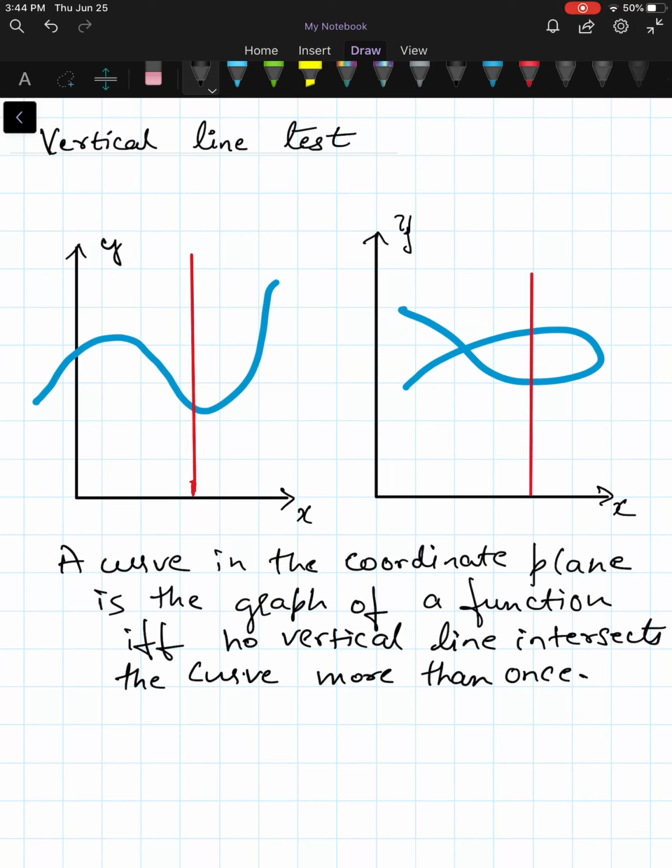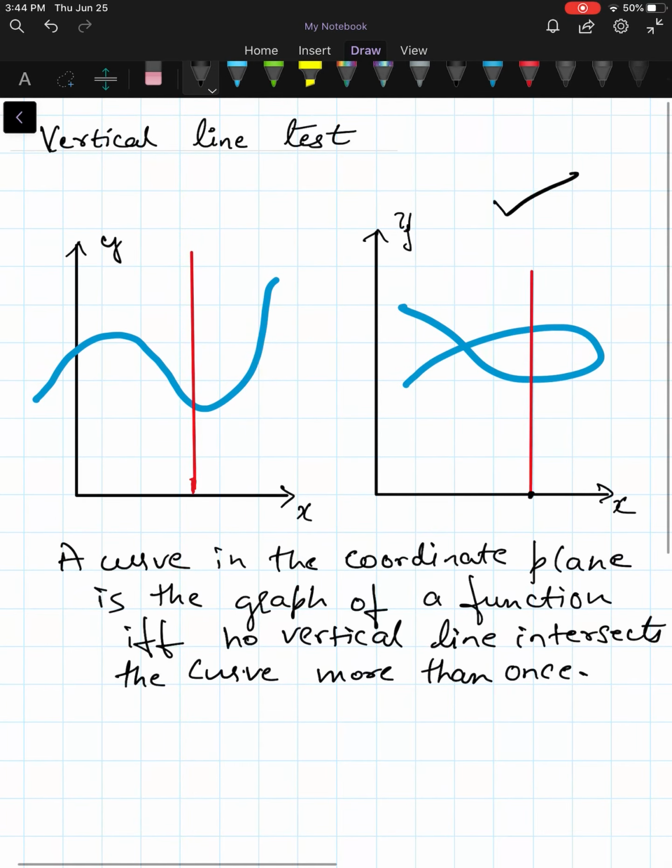If it intersects at 2 points, that means for this particular graph, you have the x-axis value to be say some b, and it is intersecting at 2 points, and these two values will be y values. That will be some c and this will be some d.